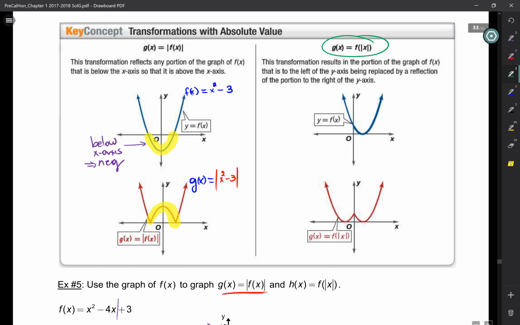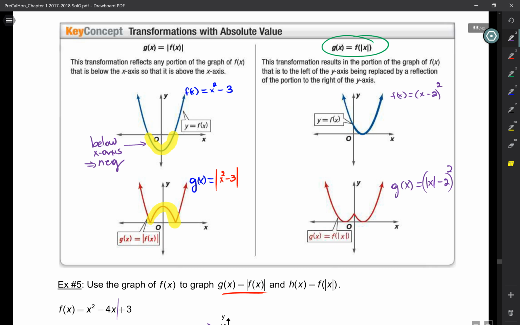Now, let's go back here. What if you have this, where it's absolute value of x? So basically, it's like this. If this is f of x equals x minus 2 squared, then g of x is absolute value of x minus 2, squared.